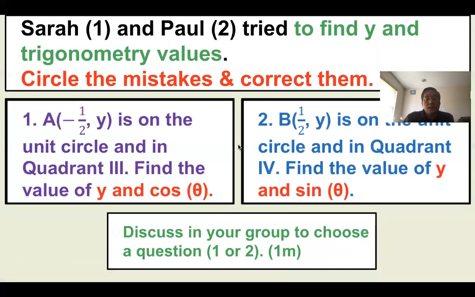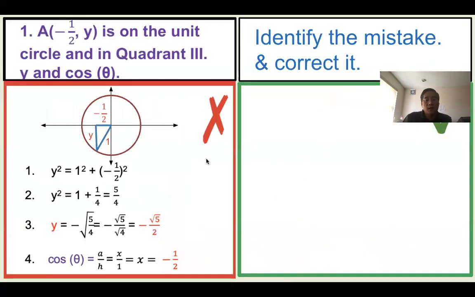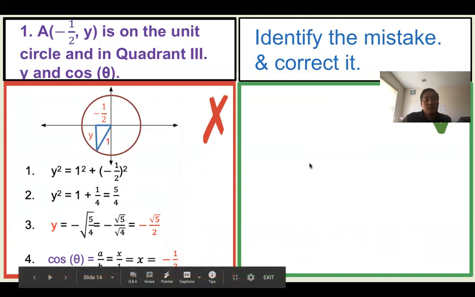So now for this one, we have two error analyses, but in your packet, you will have only A. All right, only A. Can you identify what the error is and then correct the error? Copy numbers 1, 2, 3, 4, all the steps, and write them down.